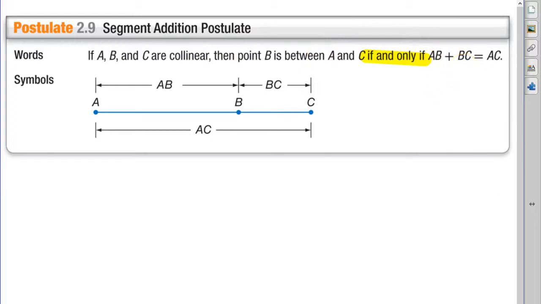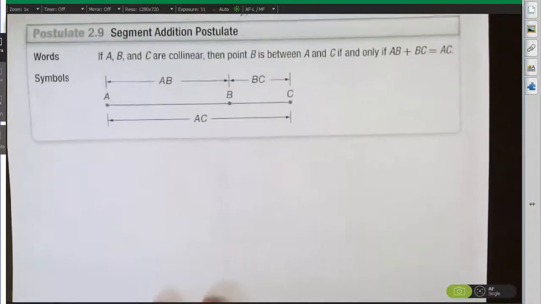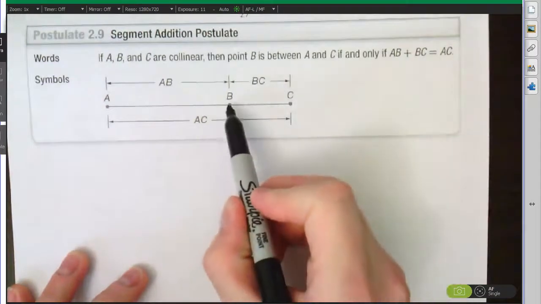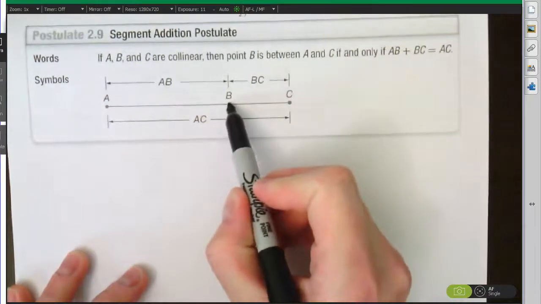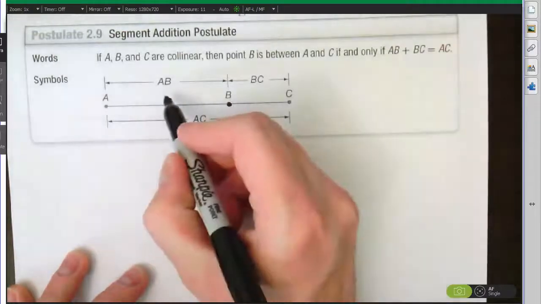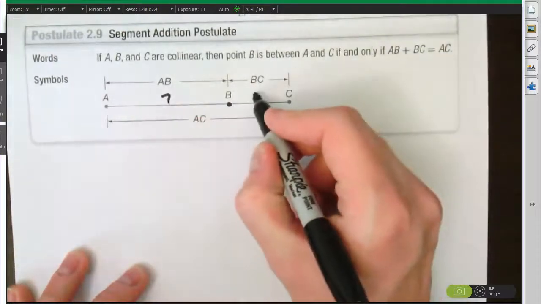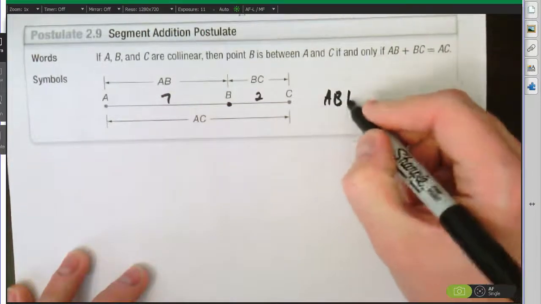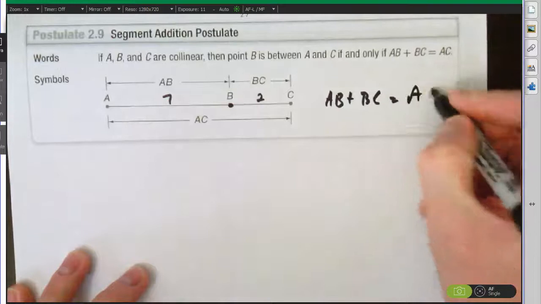Hopefully this seems kind of obvious. If I draw on this, what we're saying is the only way that point B can be between these two is if AB plus BC equals AC.